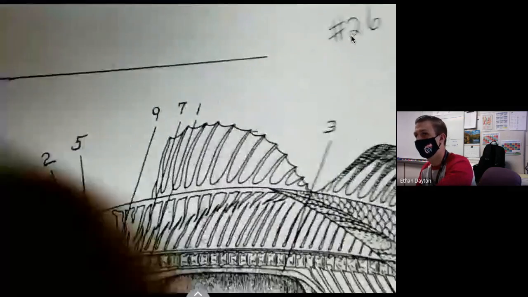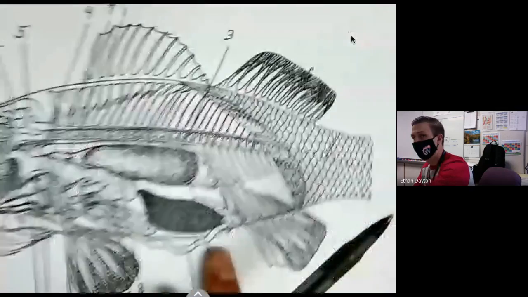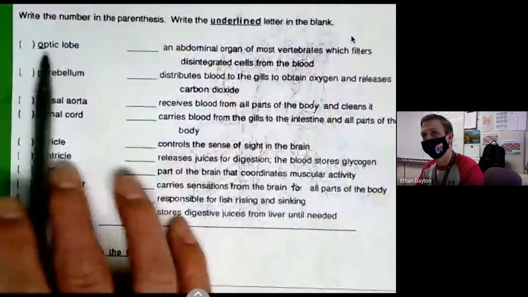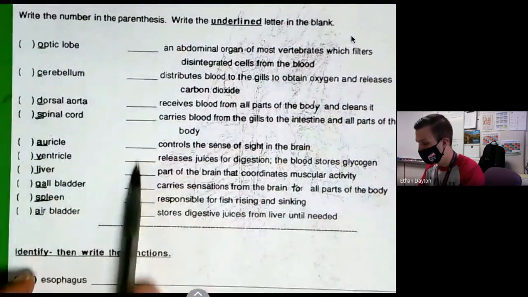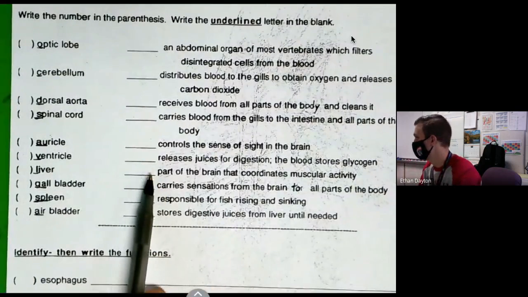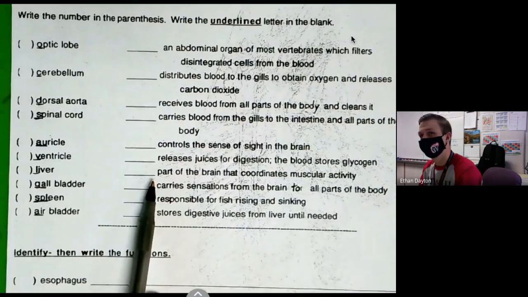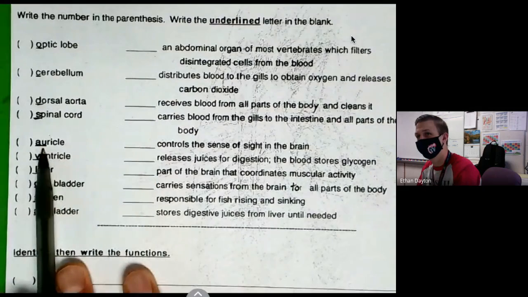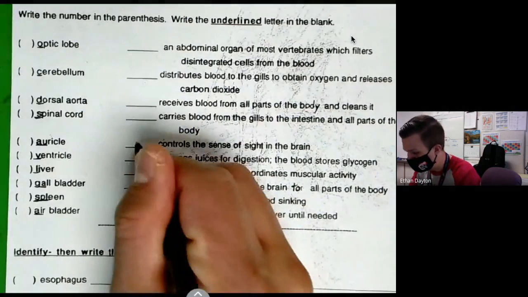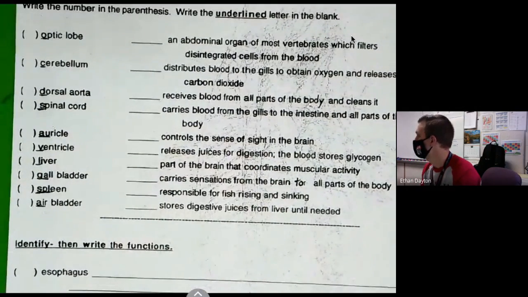So you're going to have to look, find that body part, and put it in the parentheses. Then you're going to have to put this letter over here somewhere and match it to its function. Does that make sense? So, for example, if I thought the auricle controls the sense of sight in the brain, I would put AU right here. But right now it doesn't. The auricle doesn't.